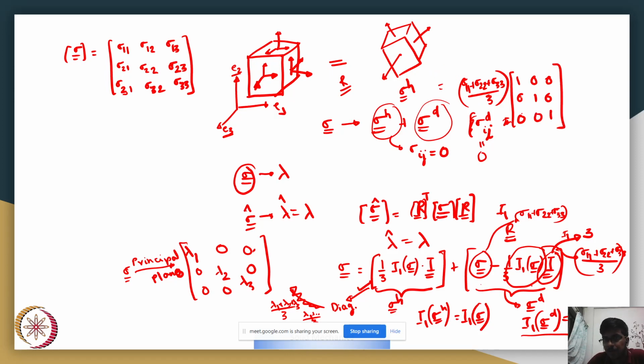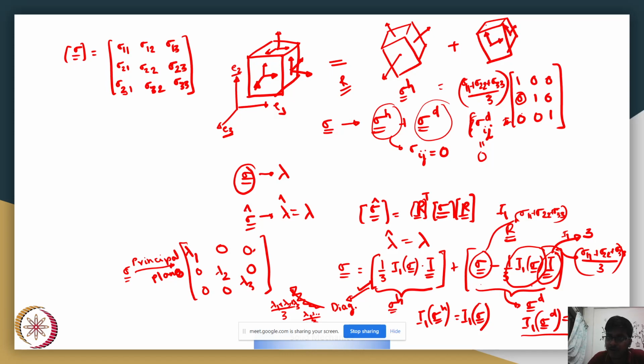So as you can see, this is purely a state of normal stresses. So this part of the stress tensor will only cause contraction and relaxation. Sorry, elongation and compression. Whereas if you look at the remaining part, after some rotation R, you will end up with only shear parts.